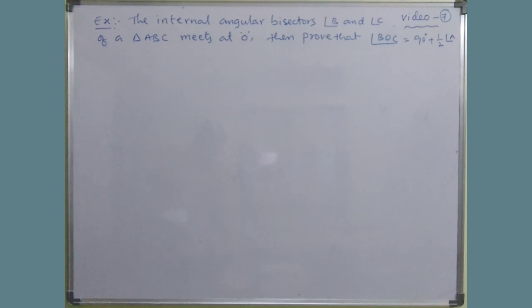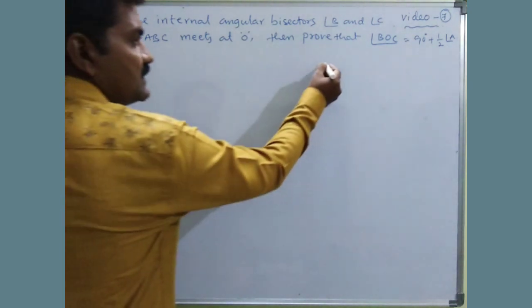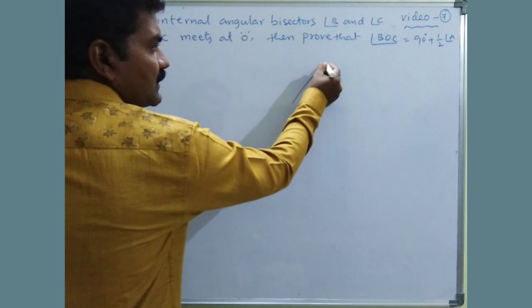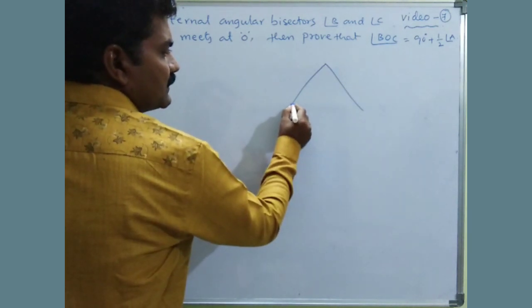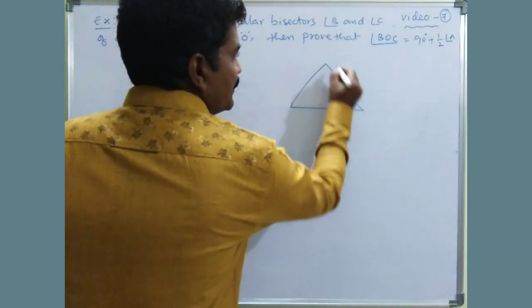So look at the statement first of all. How to read the question properly and understand the things provided to us. Talking about internal angular bisectors of angle B and angle C, isn't it? So first of all, let it be the triangle ABC.